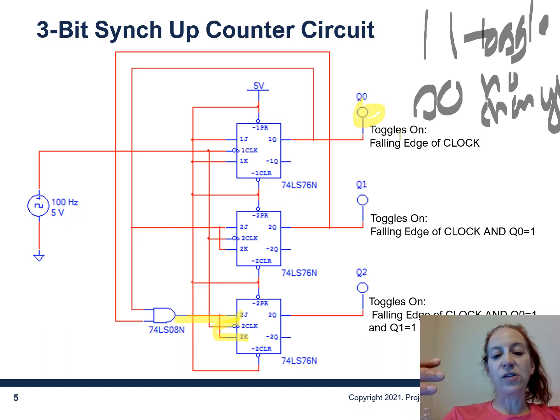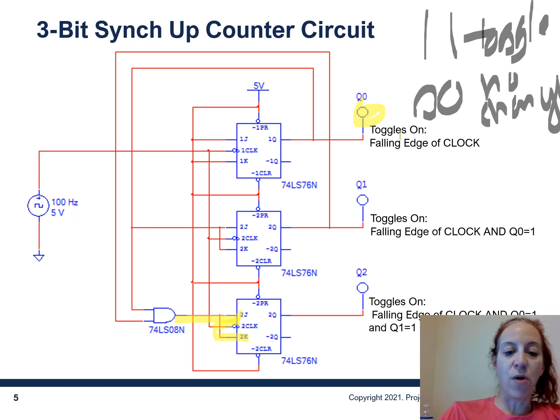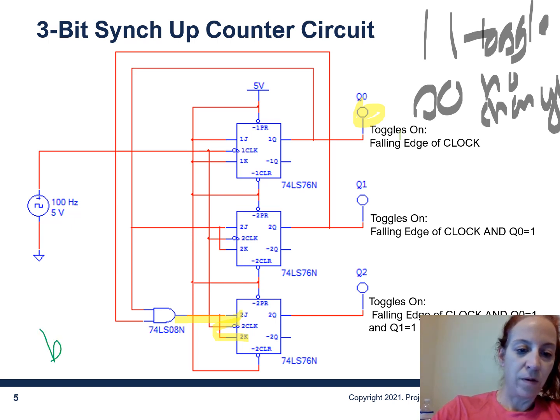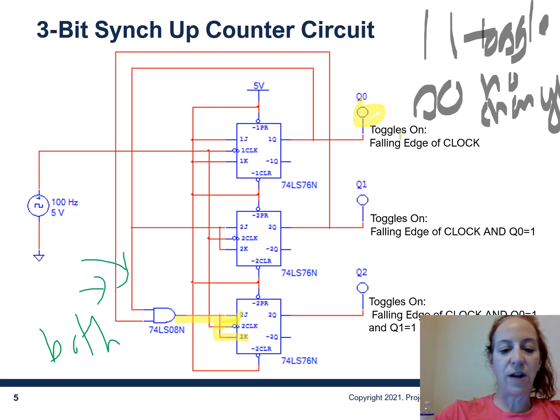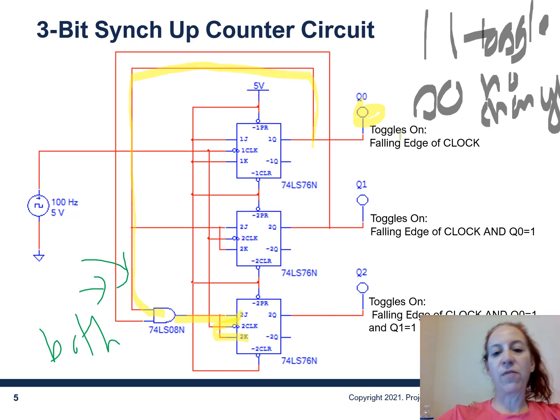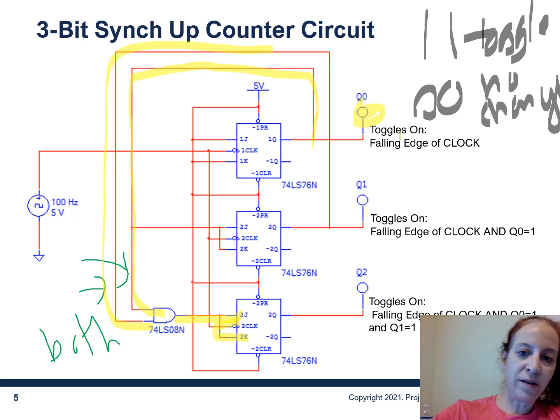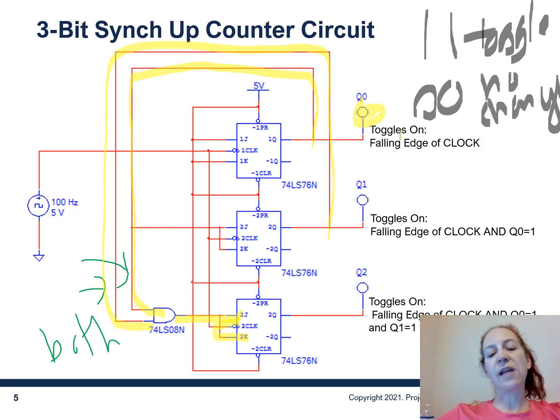So that is going to be high in toggle mode when both of the inputs to the AND gate are high. We need to find out where those are coming from. One of them is coming from the output of the first flip-flop. The other one is the output from the second flip-flop.